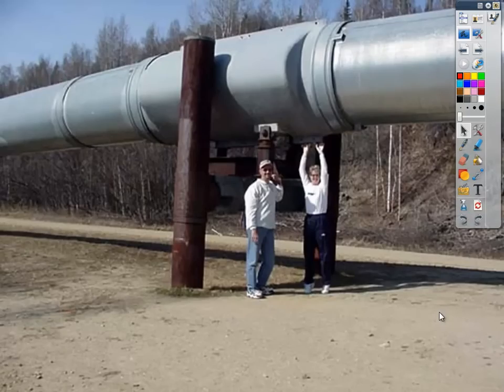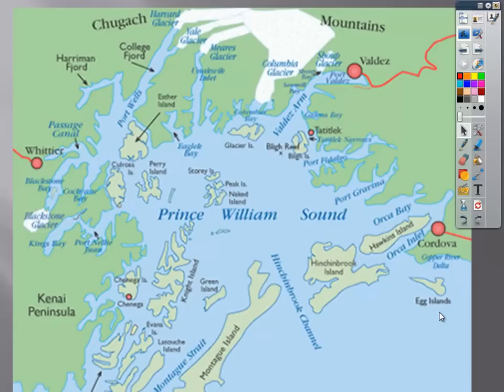Okay, and there it is. It's actually above ground, so that they can check and monitor it for any leaks or any problems that occur. Now, this is where the pipeline ends. It's in a very unique area called Valdez, which you see right up here. And you might have heard of this before. This is the location of the end of the pipeline.